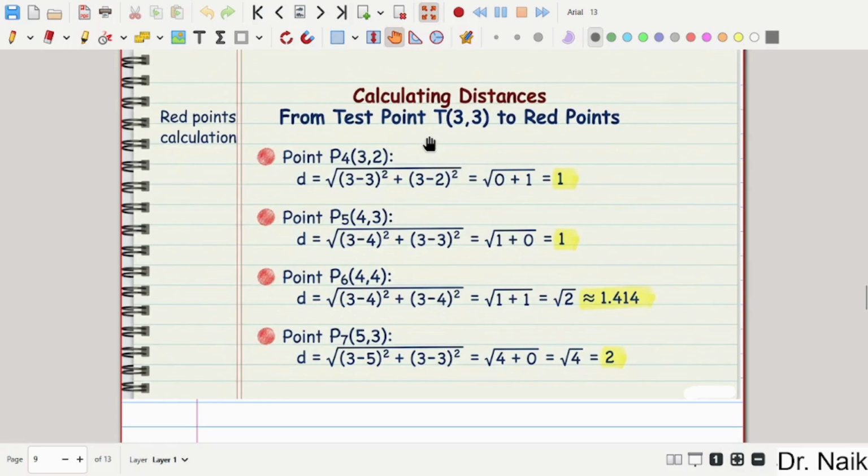And the distance between the test point 3, 3 and the red point 4, 3 after calculating it with the Euclidean formula is 1, and the distance between the test point and the red point 4, 4 is 1.414. Similarly, the distance between the test point 3, 3 and the red point 5, 3 comes to be 2.